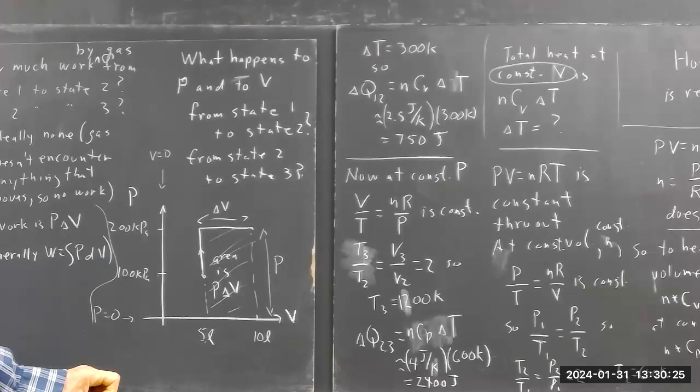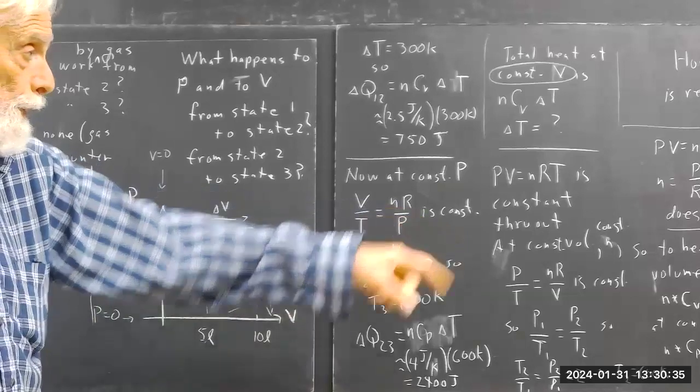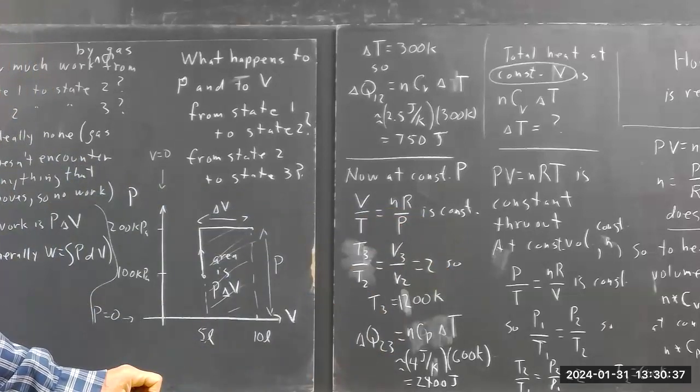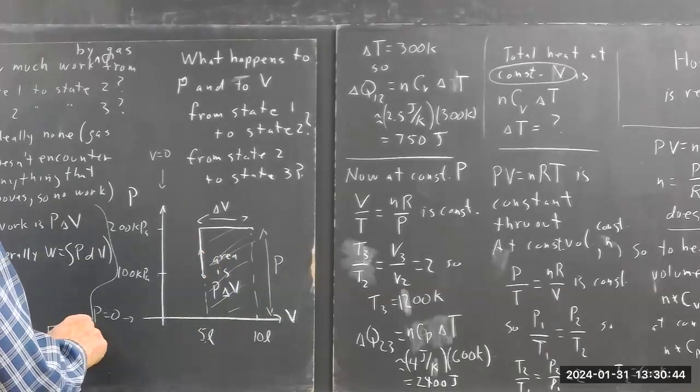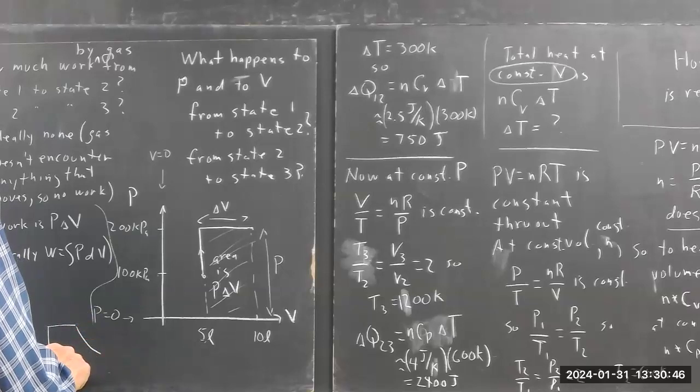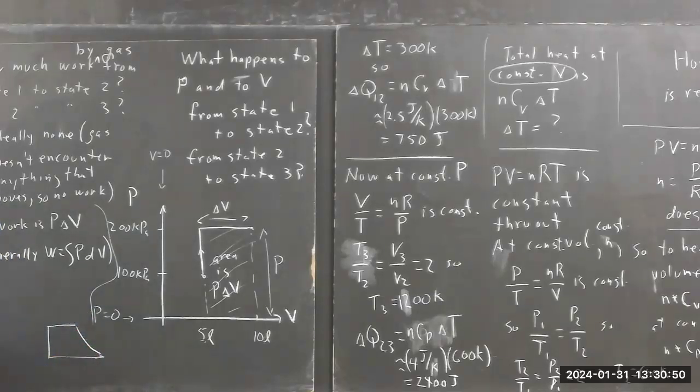You could pull it off very gradually so that PV equals nRT applies throughout. And of course, it does apply throughout. You get different curves, but you can get a shape that looks like this, basically, with most ways of pulling it off.